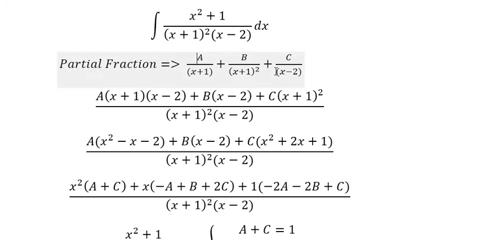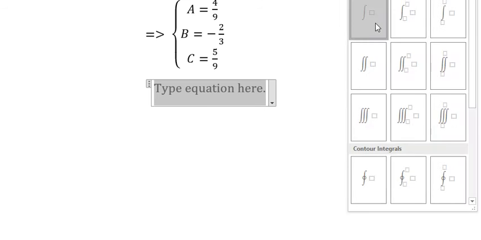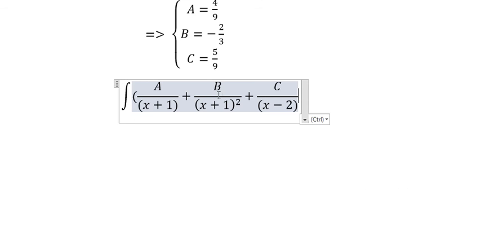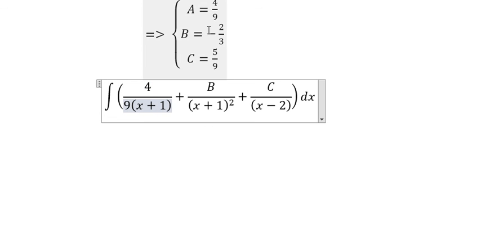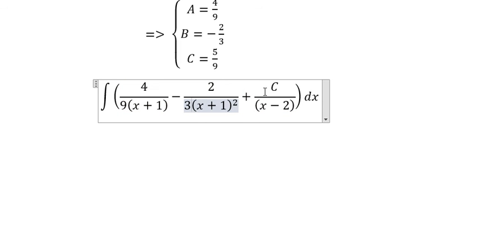So now we can answer. A is 4 over 9. B is negative 2 over 3. And C is 5 over 9.